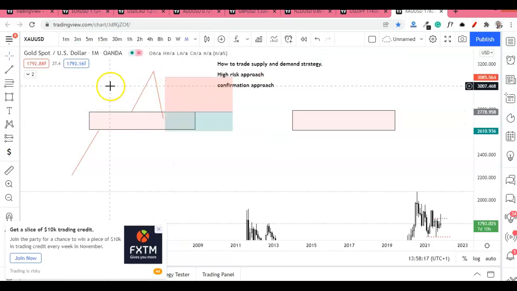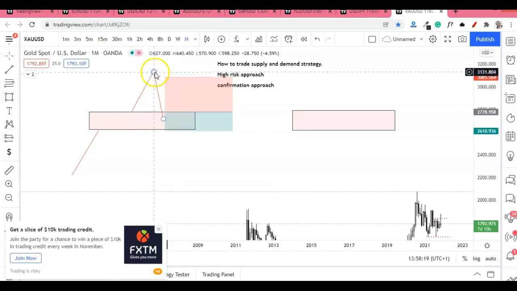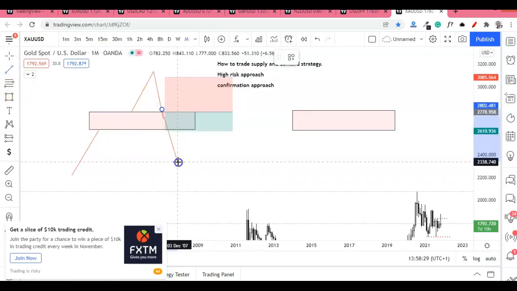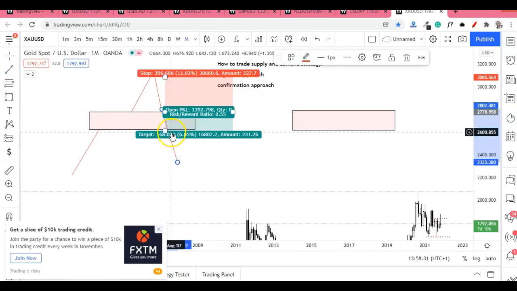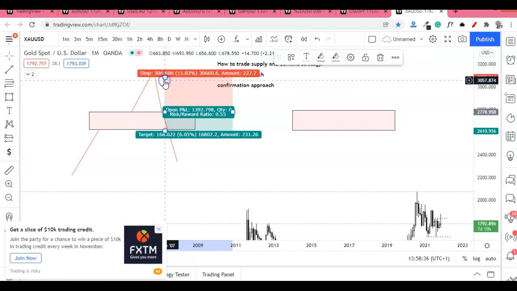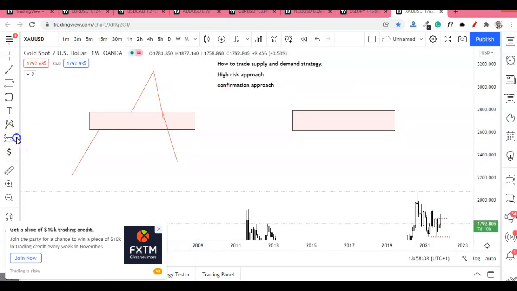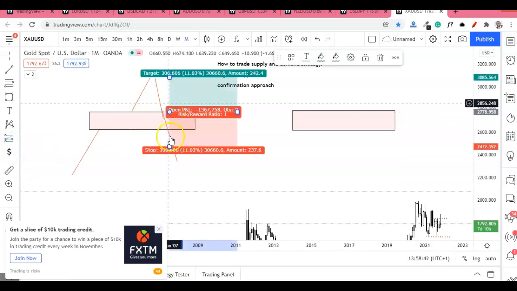Our first take profit could be at the point of reversal up here. We can decide to target that. Now this approach is risky because price can come to this place and then continue going down, hitting your stop loss. So I chose a wrong one. We are looking for long. Okay, good.